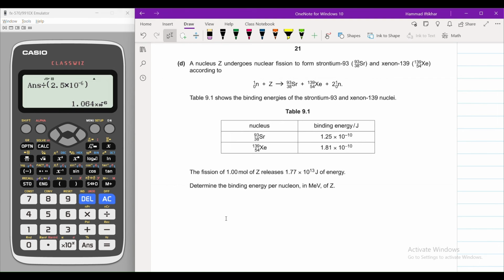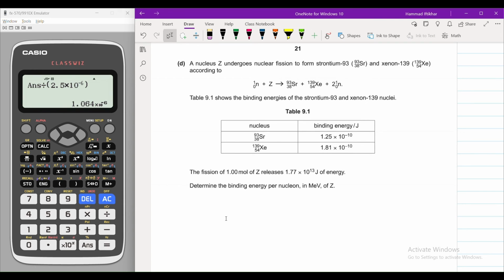The fission of 1 mole of nucleus Z releases 1.77 times 10 raised to the power 13 joules of energy. Determine the binding energy per nucleon of Z in mega electron volts.